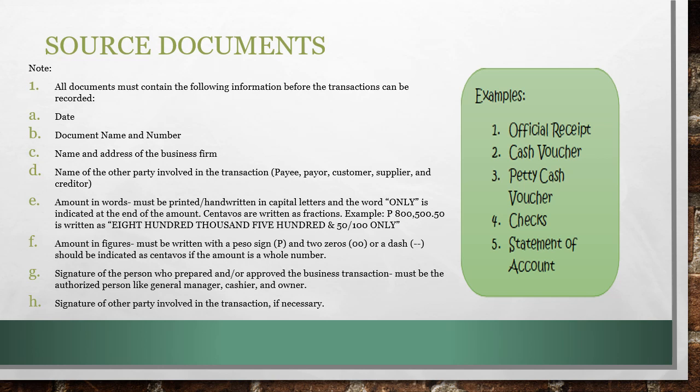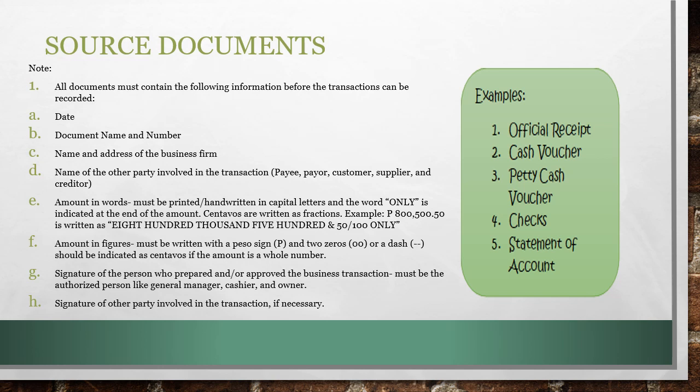So class, all documents must contain the following information before the transactions can be recorded. The transaction should have the date, the document name and number, the name and address of the business firm, the name of the other party involved in the transaction.